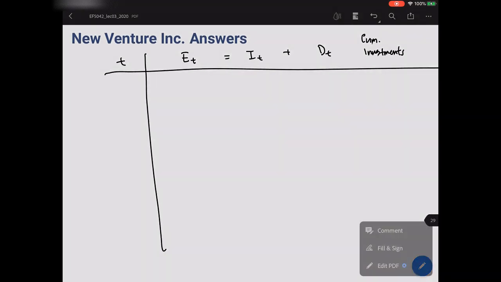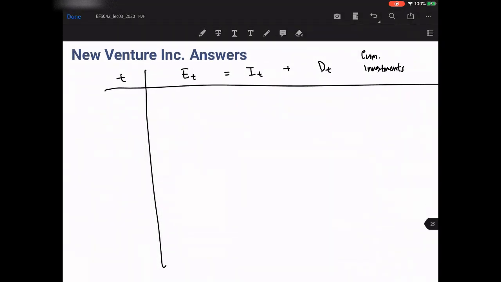So let's begin. In the first year, we know from the first bullet point in slide 27, New Ventures expects to generate total earnings of 50 million. After the first year is when it decides to invest in this new profitable project and finance it through earnings.